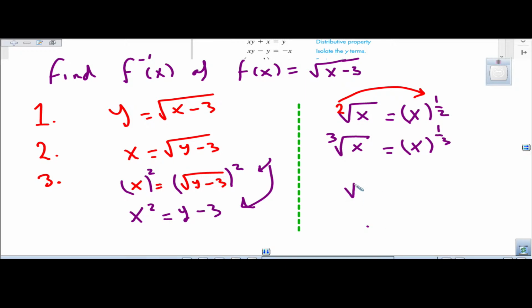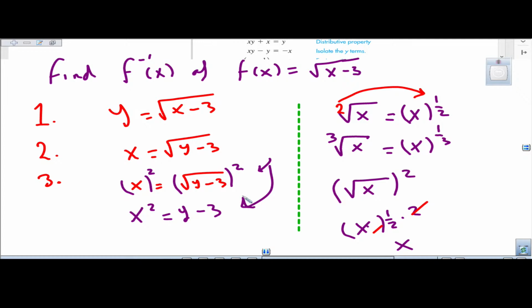If you're saying x squared, you basically are saying x raised to the 1/2 power times that 2, the square. And that's why these two cancel out, and you're left with just what's under the square root, just the x's.